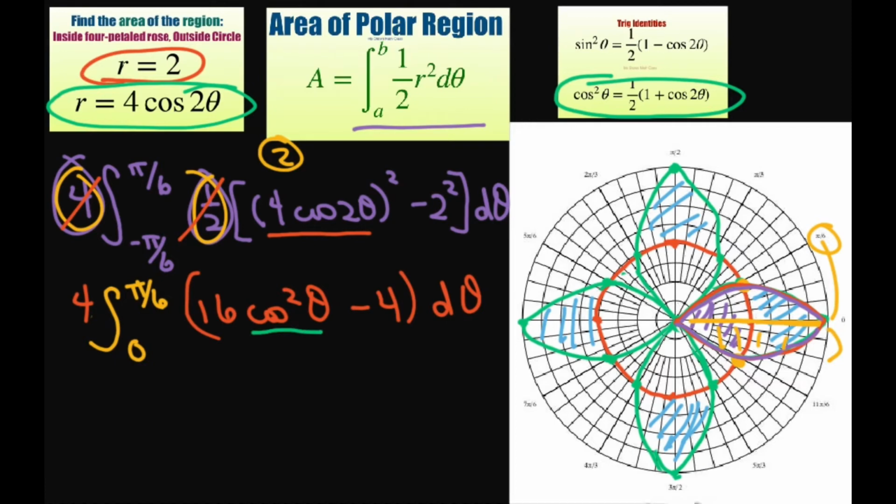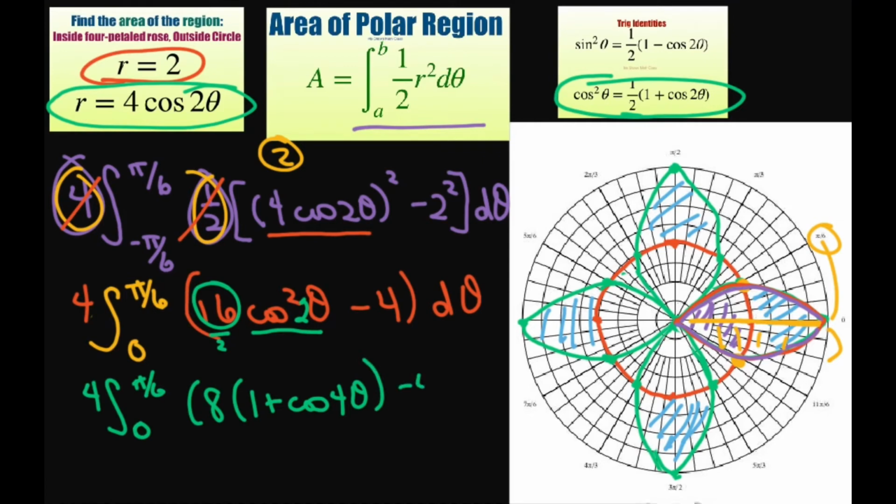So we have 4 integral from 0 to pi divided by 6, and this is 1/2. So 1/2 of 16 is going to be 8. So just dividing that by 2. And then we have 1 plus cosine. And since we have a 2 here, this is going to be 4, because you have to double it up. All right. Minus 4 d theta.